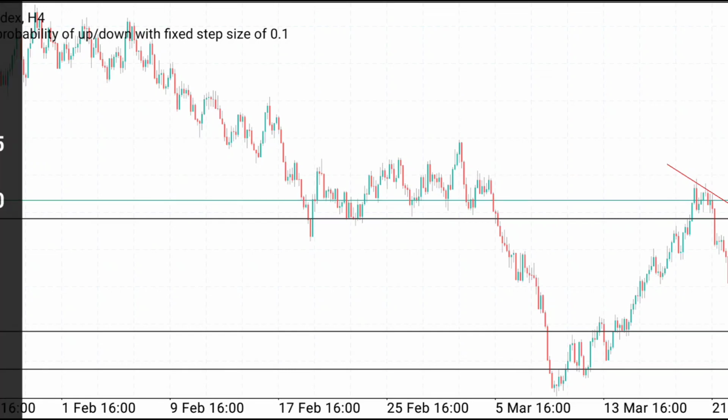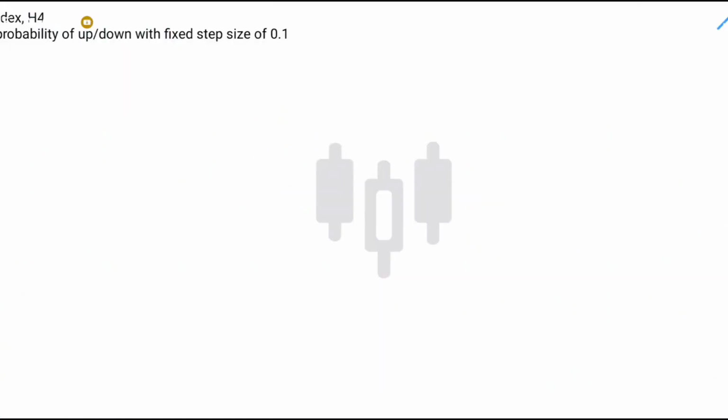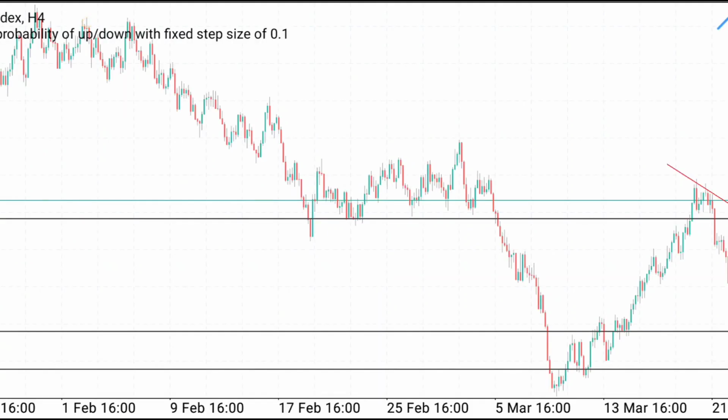Using what I have already explained earlier, we are going to use our trend line first. You connect it from the first one, second one, and the third one. Let me reduce the length.